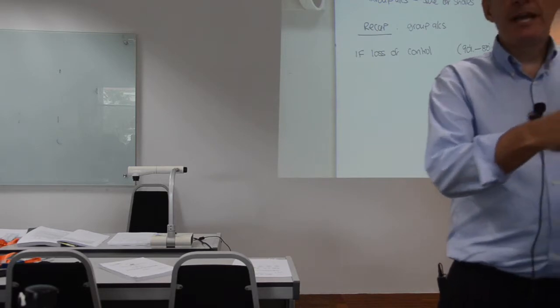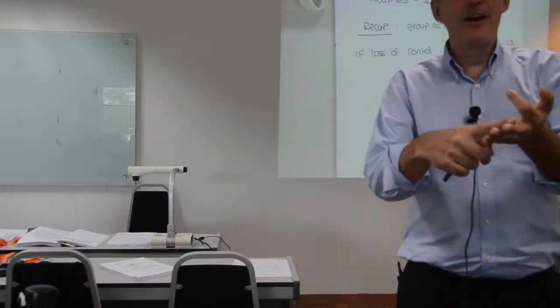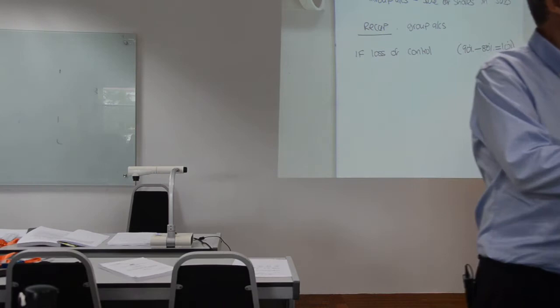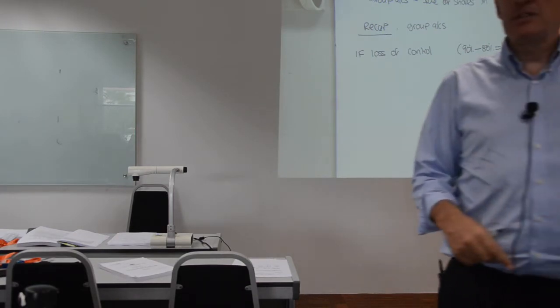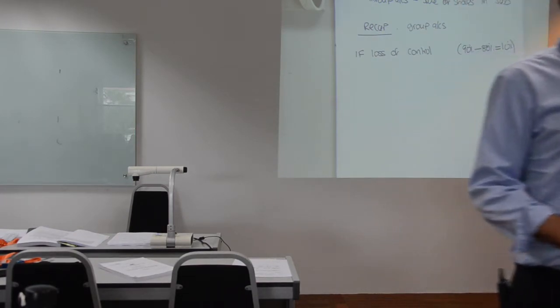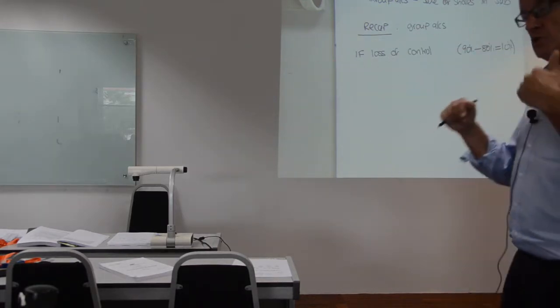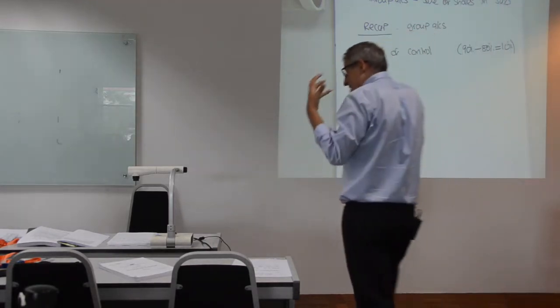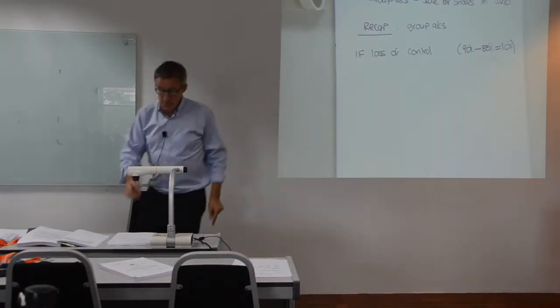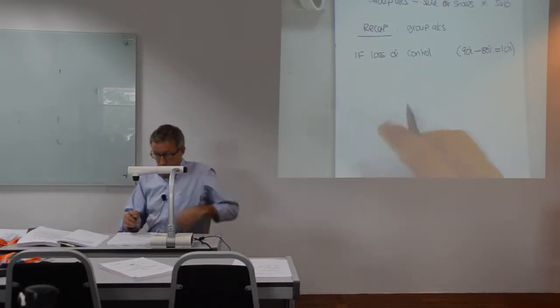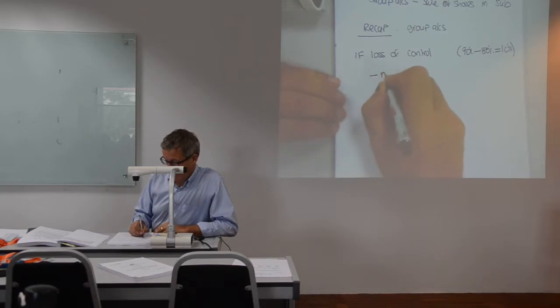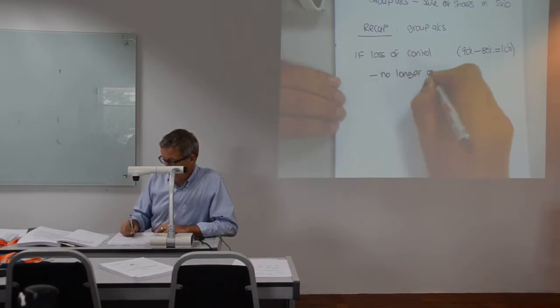So you de-recognise the net assets, de-recognise the goodwill, de-recognise the NCI, bring in the residual value, consolidate up to the date of disposal, and there will be a profit or loss on the disposal. It's a radical change. So if there is a loss of control, it is no longer a sub.